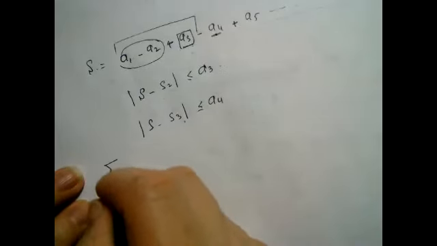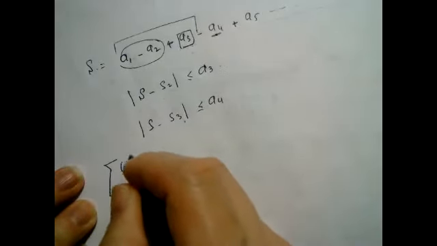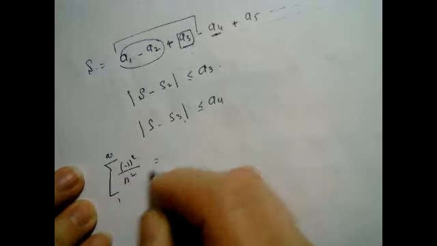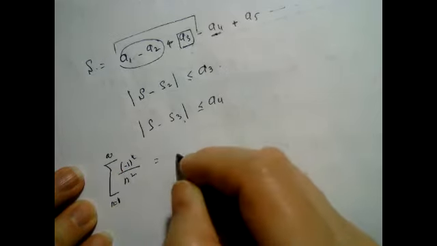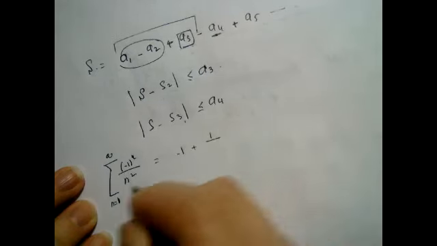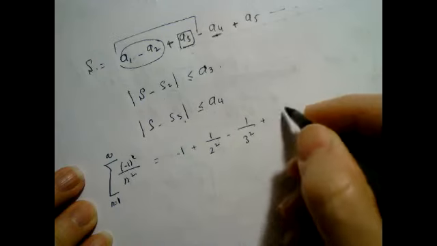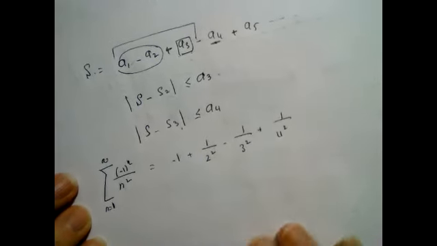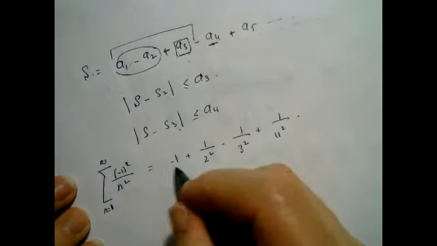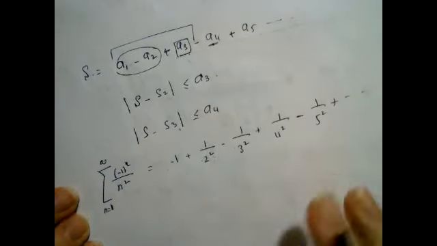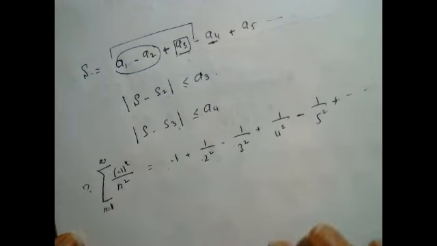All right, so for example, suppose I take the series sigma of minus 1 to the n over n squared, which is totally alternating. So minus 1, if n equals 2, 2 squared, minus 1 over 3 squared, plus 1 over 4 squared, and so on. Minus, plus, minus, plus. We don't know what the value of this actually is.